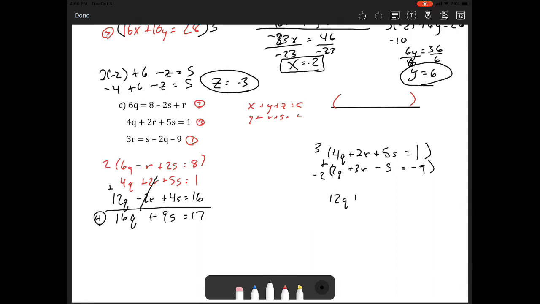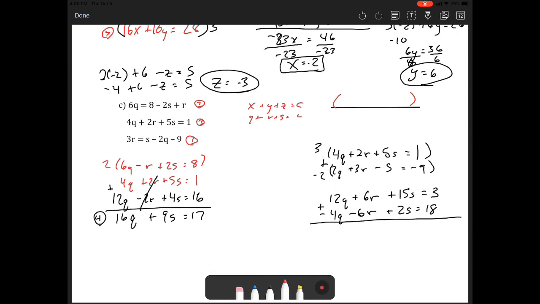So I end up getting 12Q plus 6R plus 15S equals 3. Then I get negative 4Q minus 6R plus 2S equals 18. And then I add.